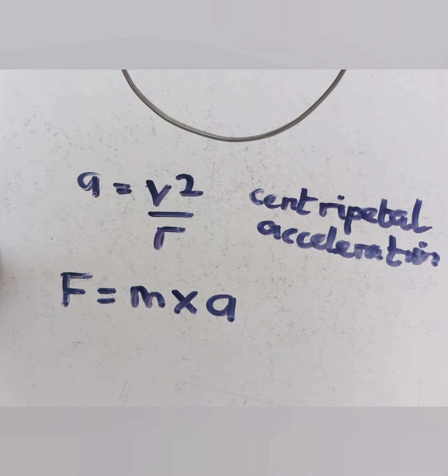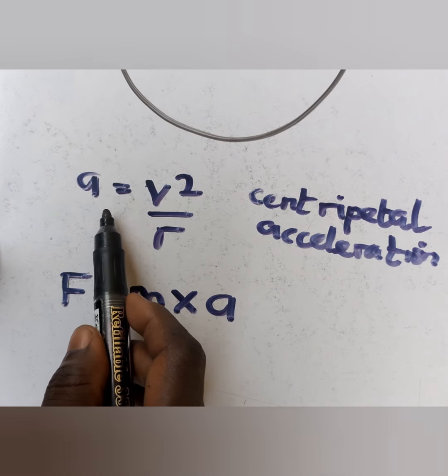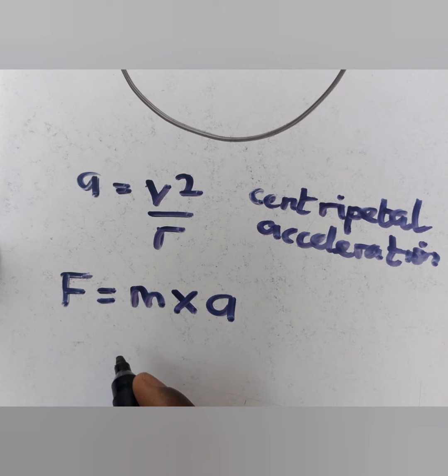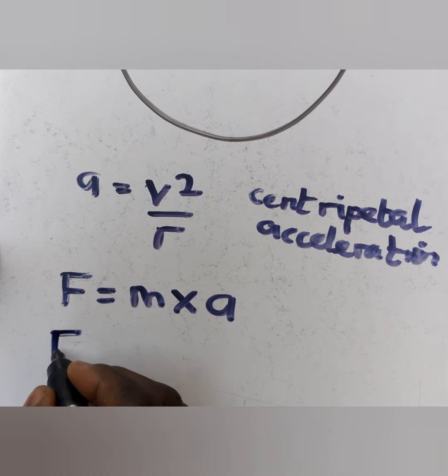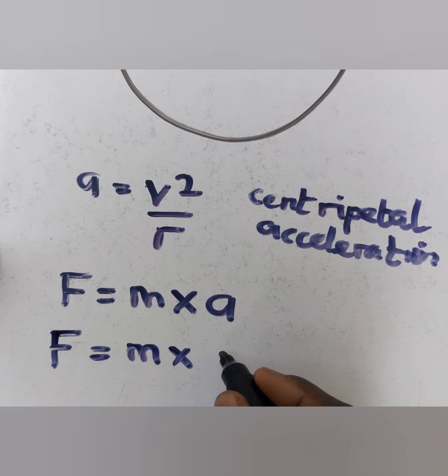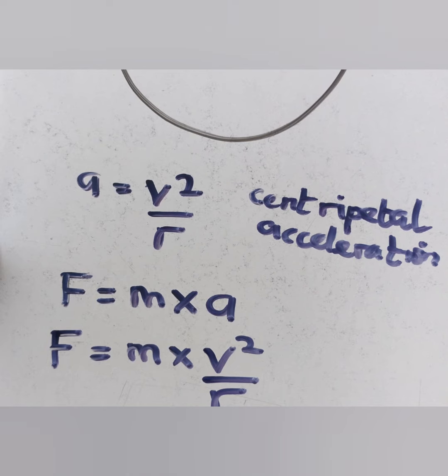So if I substitute this A into the formula for force, we have F is equal to M multiplied by V squared divided by R, where R is the radius of the circular path.